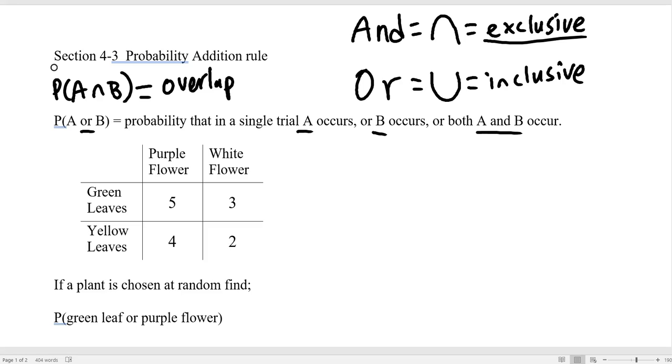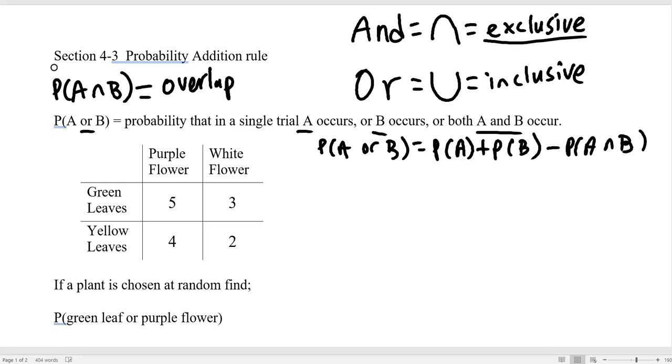And the way we calculate that is that we add them. "Or" means we're going to add. That's kind of the useful thing. So the probability of A or B means we are going to add the probabilities, but we have to subtract the overlap. Well, why do we subtract the overlap?